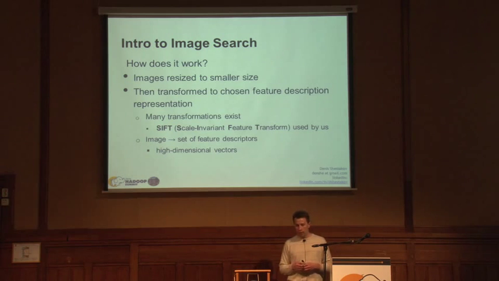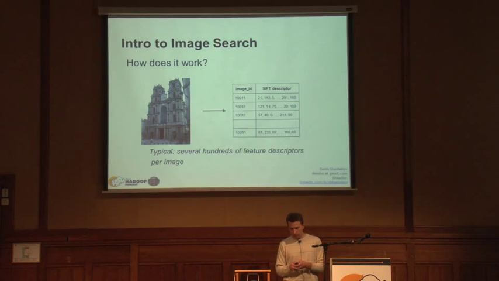In our work, we used the so-called scale invariant feature transformation, SIFT. To summarize, if you have an image, you convert it into a set of vectors or feature descriptors. These are high-dimensional vectors. In the case of SIFT, typically it's 128-dimensional vectors.